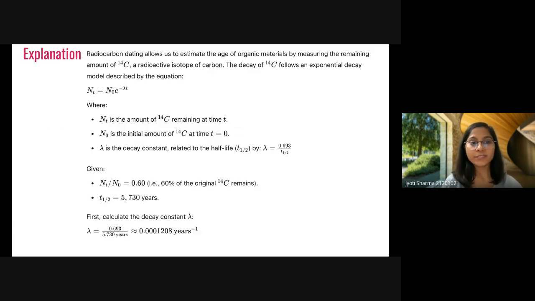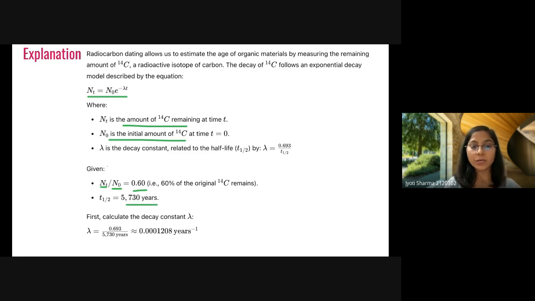So this is our first equation, and N t is equal to N naught e raised to power minus lambda t. This is the amount that has remained. So the remaining amount is 60%. N naught is equal to the initial, so initial was 100%. Sorry, N t is 60, N naught is equal to 100. So 60 upon 100, this will give you 0.60. Okay, and the half life is already given.